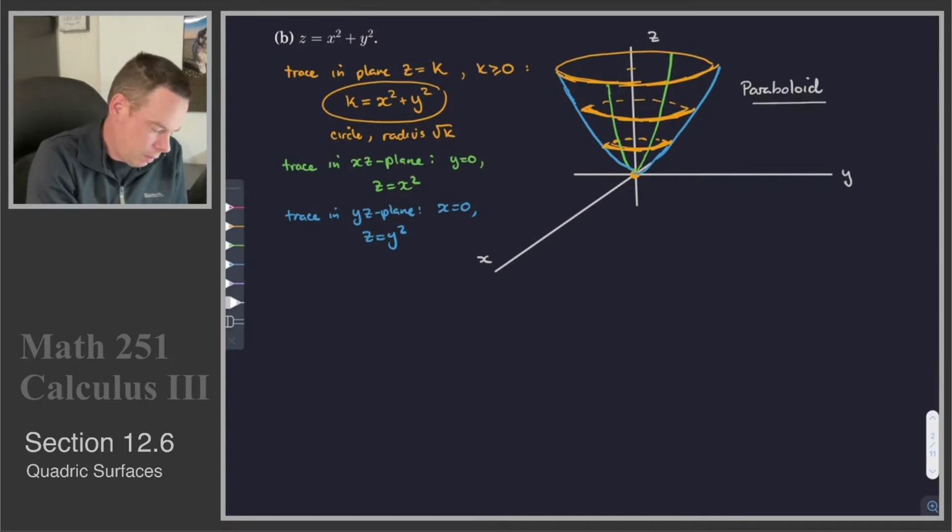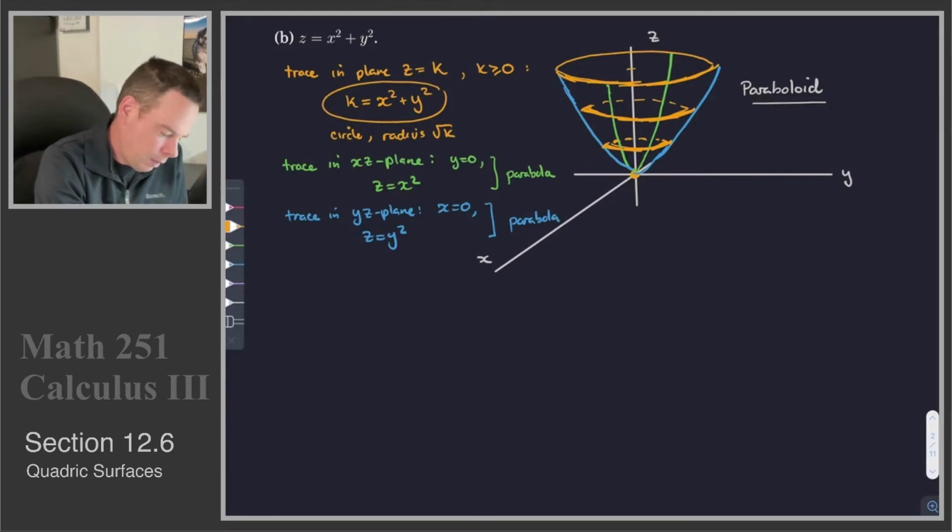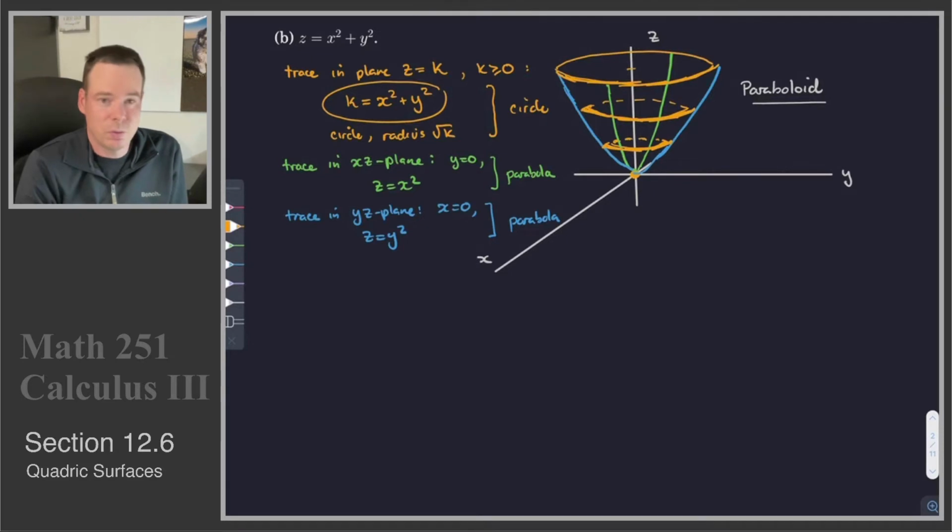And the thing to keep in mind is how it was built up in terms of the traces in the various directions. Well, there was a parabola when we looked at how it intersects one of the coordinate planes. There was another parabola in how it intersects the other coordinate plane. And then there was a circle. And that's how this surface was intersecting these planes parallel to the third coordinate plane, planes parallel to the xy plane.